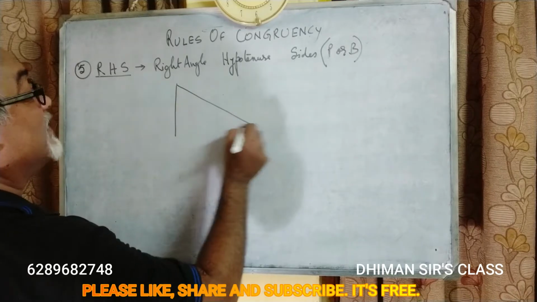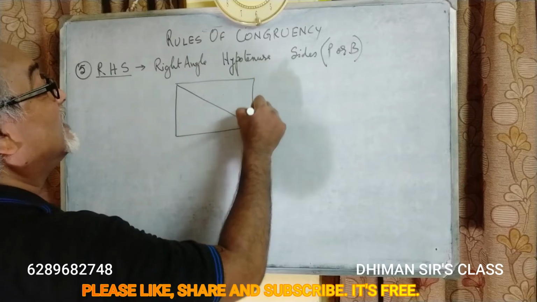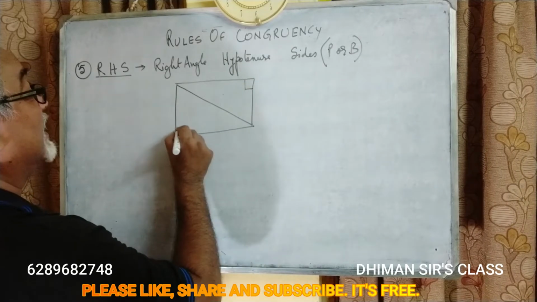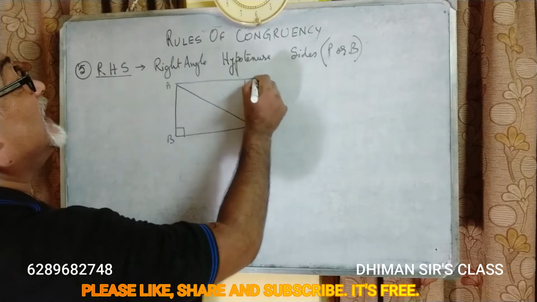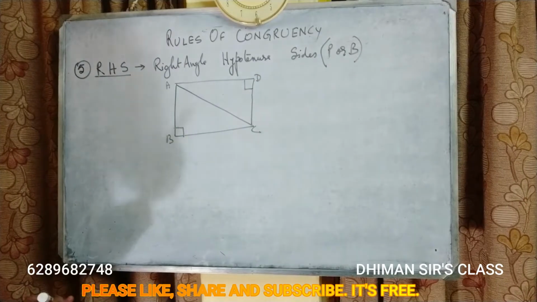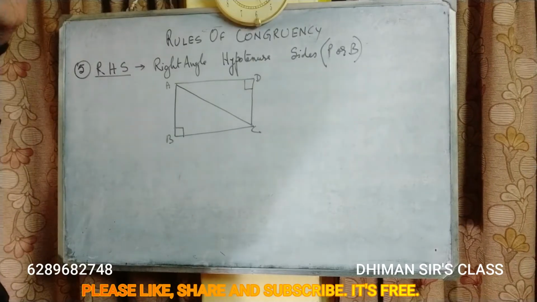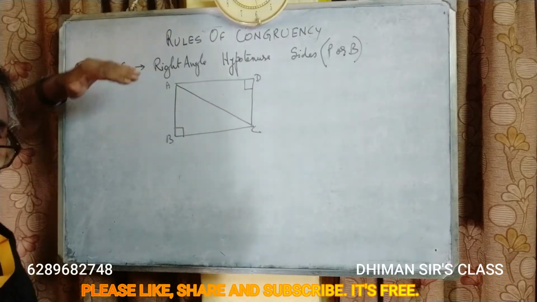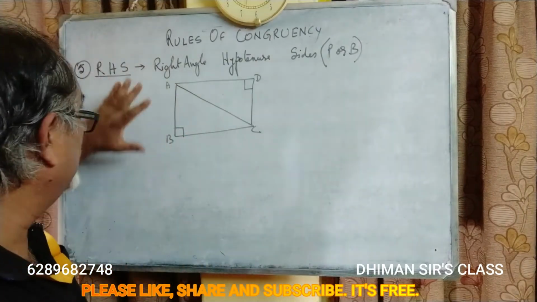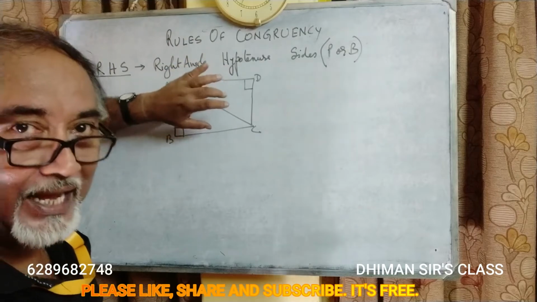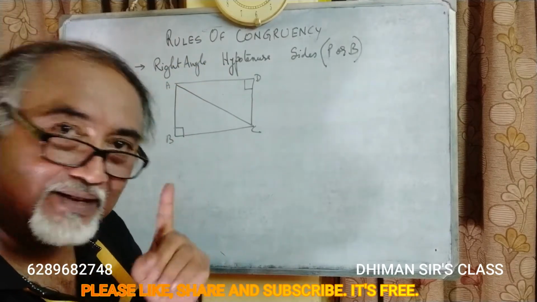Now, ABCD has to become a right angled triangle because right angle is there. Because right angle is there, we have to maintain the two triangles in such a manner that both triangles have at least one right angle.